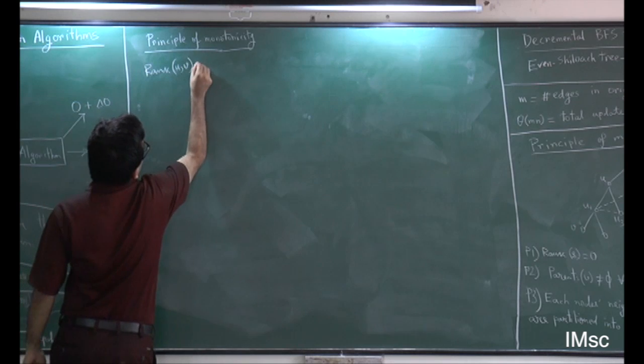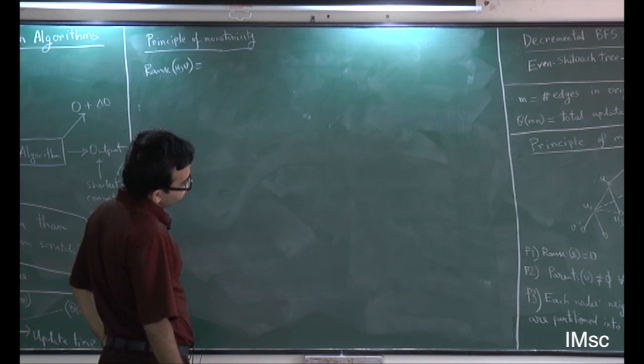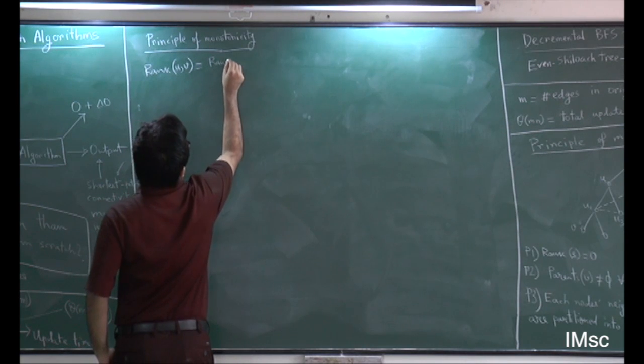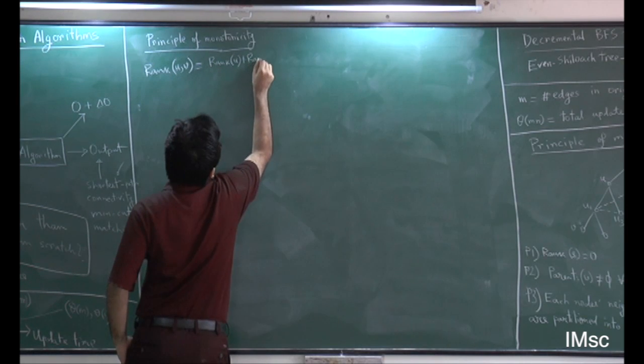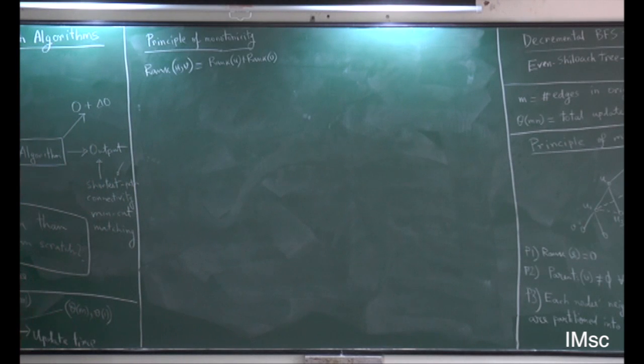So, rank of an edge, we will define it as the sum of the ranks of its 2 endpoints. Okay.